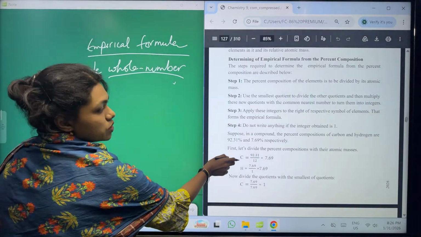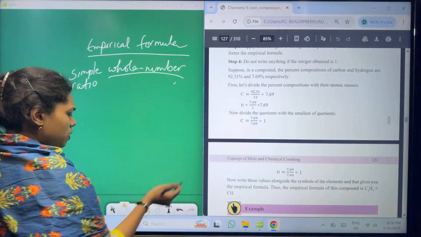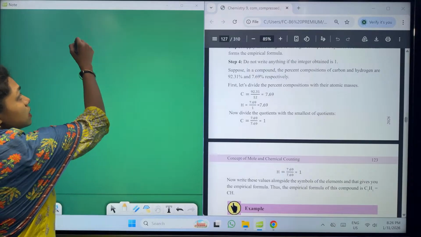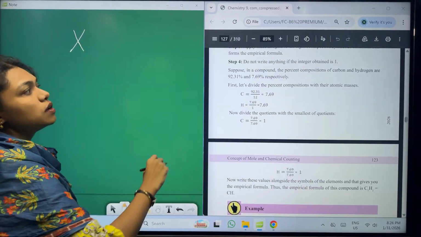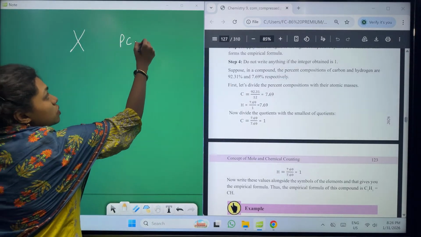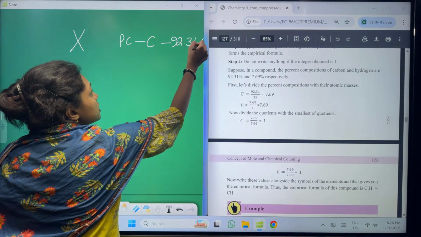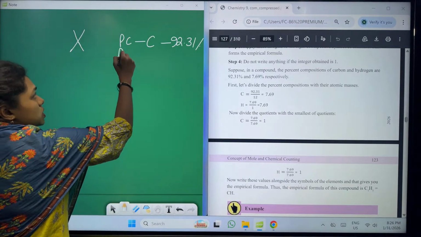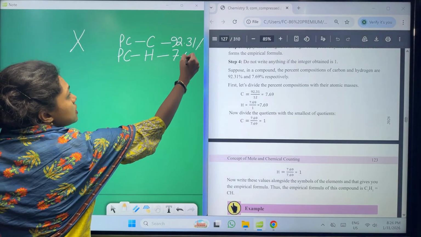Let's actually solve this problem step by step. Suppose in a compound X, the percent composition of carbon is 92.31%, and the percent composition of hydrogen is 7.69%.